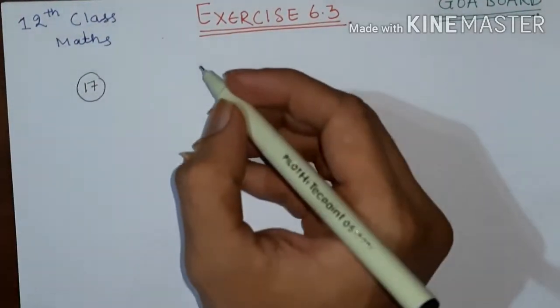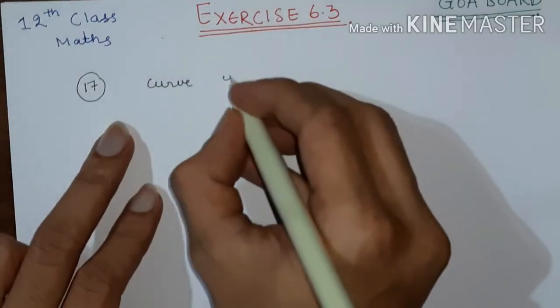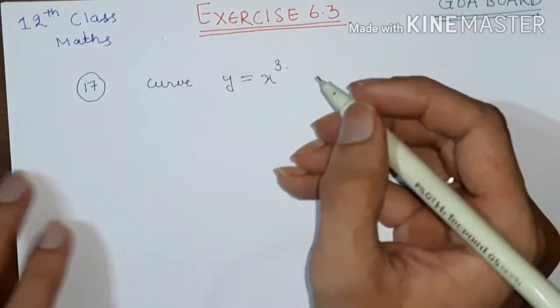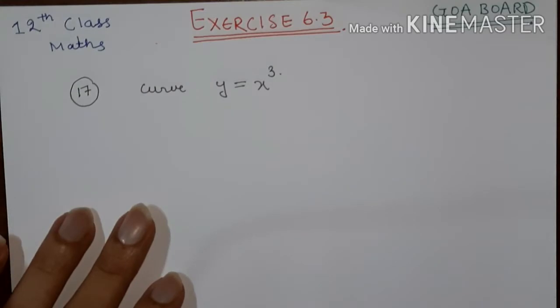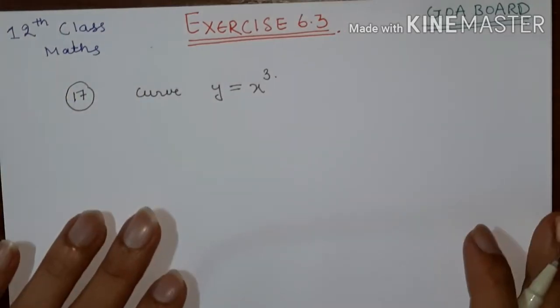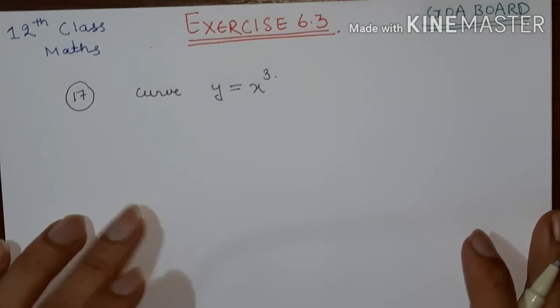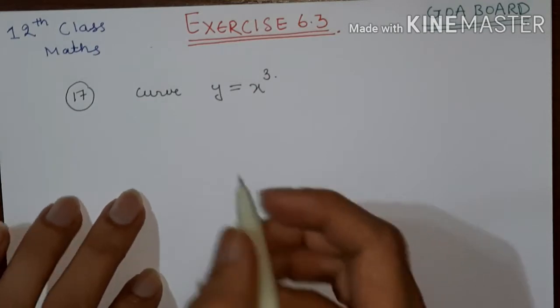Now, problem 17: what you are given is a curve, y is equal to x cube. We have to find the points on this curve at which the slope of the tangent is equal to the y coordinate of the point.